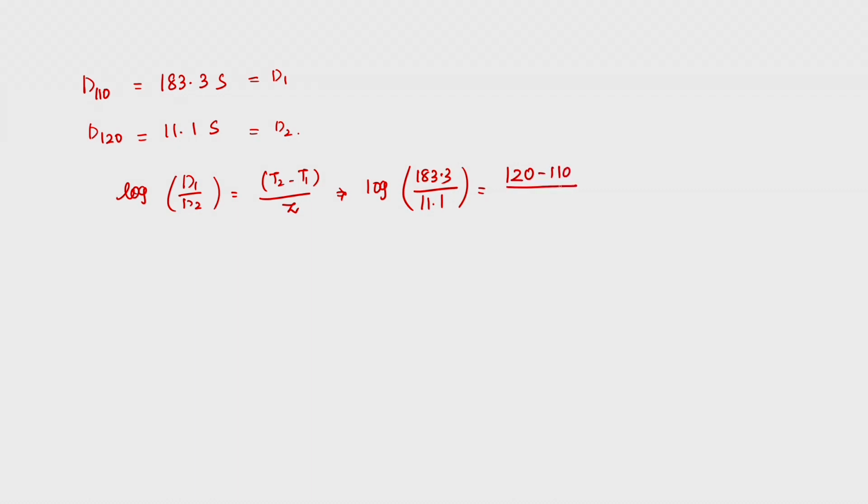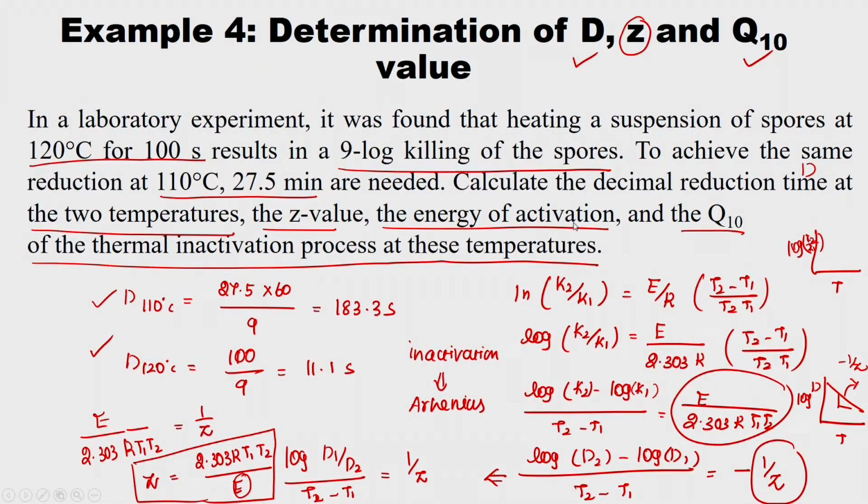Here I am not using Kelvin, because it is nothing but a delta T, upon Z. So if you calculate, your Z becomes 8.21 degree centigrade. Right, so if somewhere activation energy is given, then you can find out that as well.